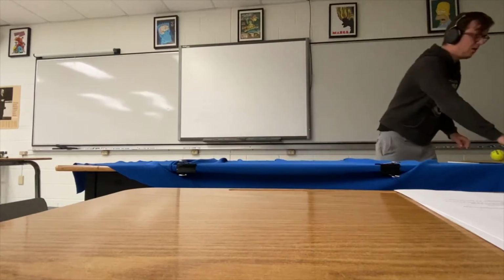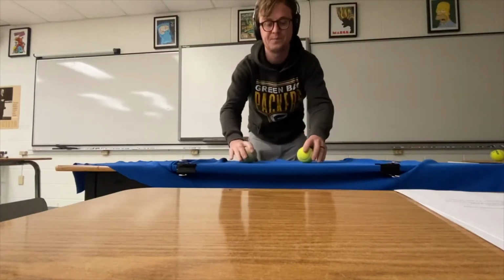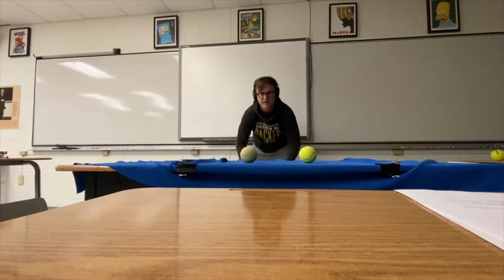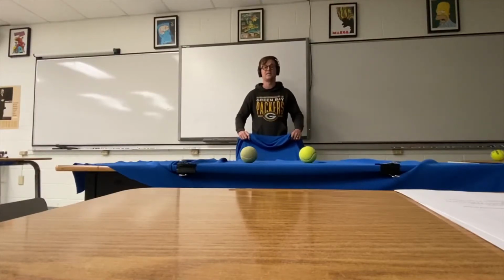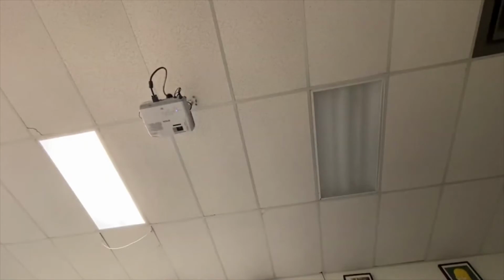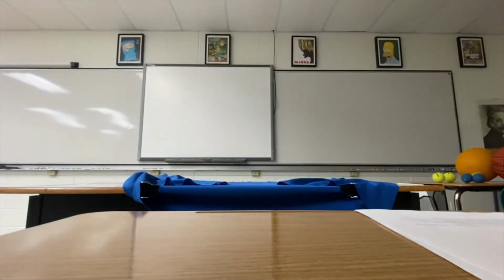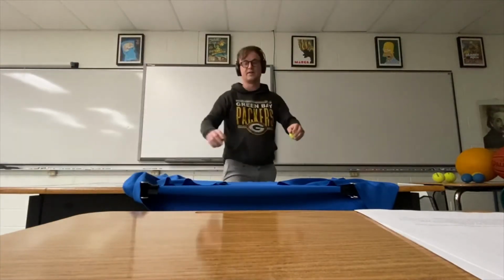So to model electrons, I have electrons inside my metal plate here, and these are going to be my tennis balls. So what you can predict now and what you can see, well, let's see what happens if I have a high intensity. If I have a high intensity, you can see how those electrons fly off with a big speed, and we get electrons to fly off very quickly.